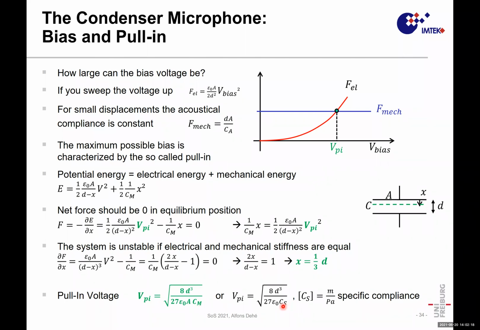So pull-in voltage depends inversely on the root of the compliance of the diaphragm and the specific air gap that we present to this device. So this is a side condition to the design of a microphone, which is limiting the sensitivity of the system.